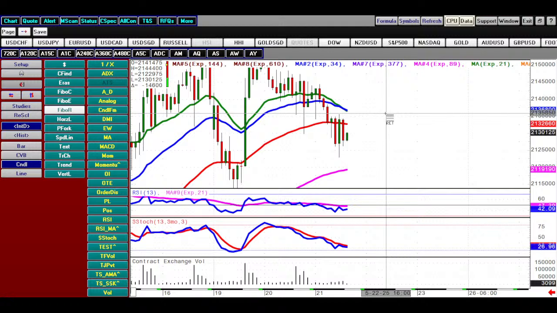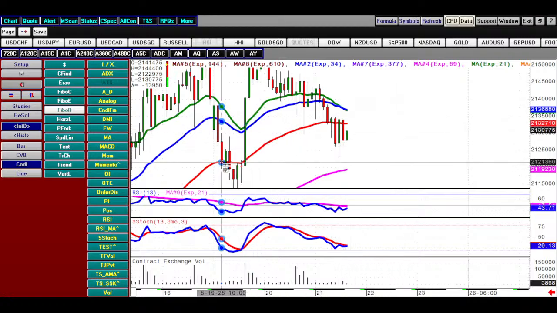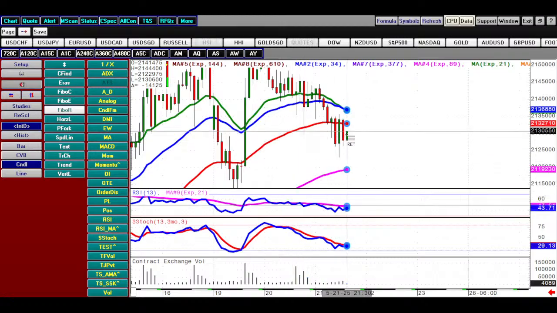What we are expecting for Nasdaq is strength towards 21340. Let me see what the big figure is. Okay, we want to sell near here.